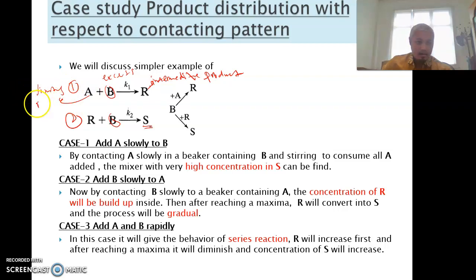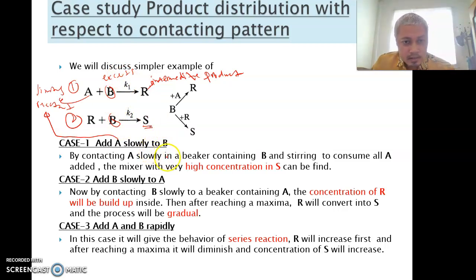B is more than A, so A is the limiting reactant. So case 1, add A slowly to B. A is the limiting reactant added to the excess reactant, B, which is in excess.